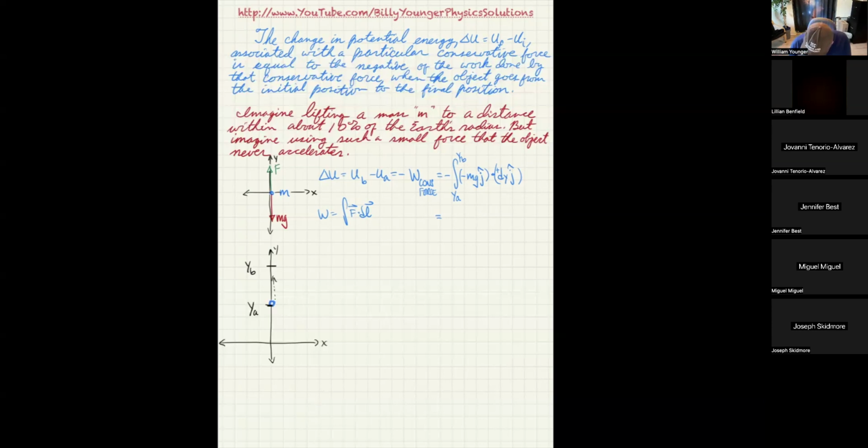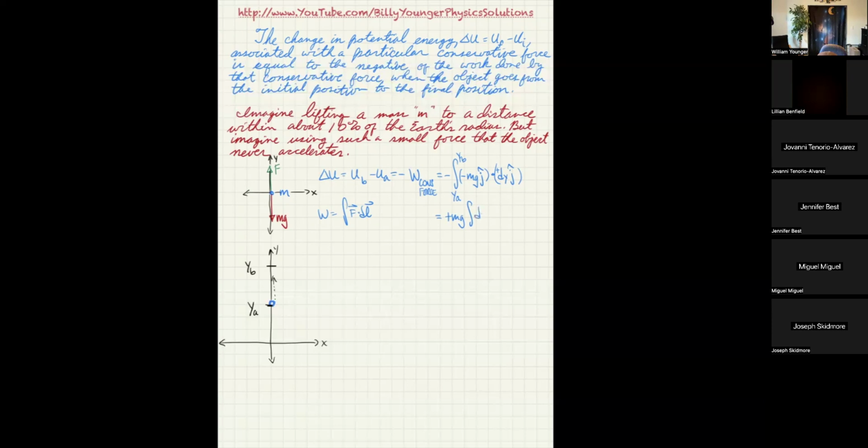When I do that, you can see that the negative in front and the negative mg and the mg are all constants, and the negatives cancel out, and I can pull the mg out in front. So negative times negative mg is positive mg. Now I can use the linearity of the dot product. I pulled the mg out in front.